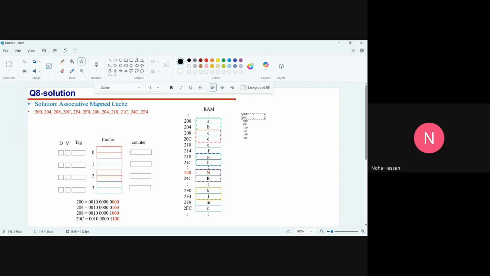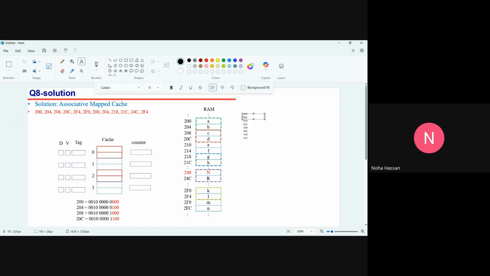Next, we will be talking about how things work as we call the different addresses in our program, assuming these are our instructions. We are calling them and they are fetching the data. At the beginning, as we know, D is the dirty bit.